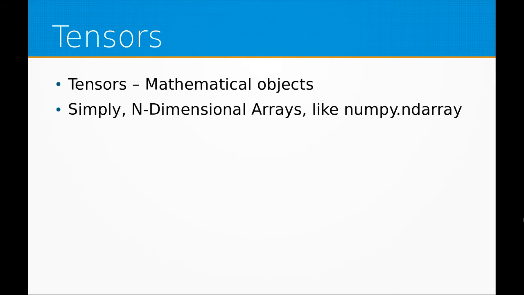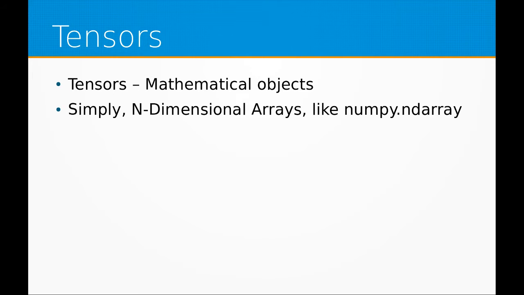Okay, so let's start with the first component, tensors. So what are tensors? They're nothing but mathematical objects, and in less abstract terms, they're just n-dimensional arrays. For example, a vector is like a 1D array because it has only one dimension with some 10 numbers.